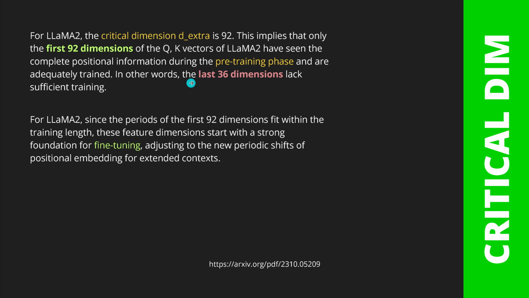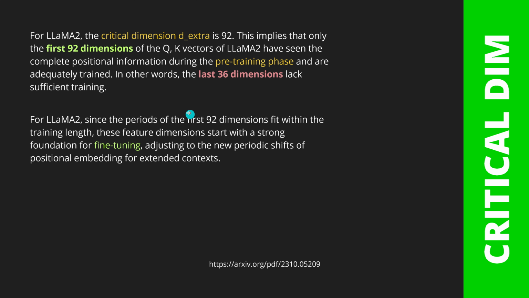In other words, this means the rest of the 128 minus 92, the 36 dimensions, lack sufficient training. So this is interesting. So this means now, if you design your LLM from the clear extension of our RoPE, we have boundary conditions that reflect back on the optimal dimension in the architecture of the LLM.